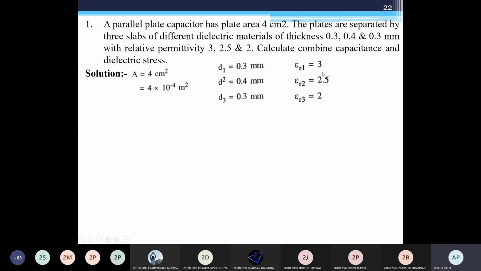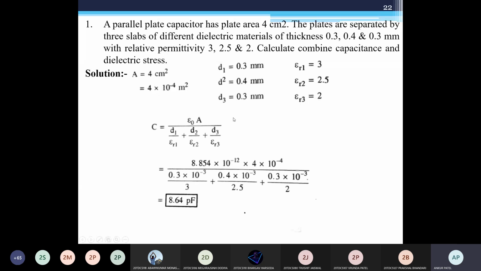Now we know the equation. C is equal to epsilon 0 into A divided by D1 upon epsilon R1 plus D2 upon epsilon R2 plus D3 upon epsilon R3. That is your combined capacitance. We have all the values for the area, thickness and permittivity.